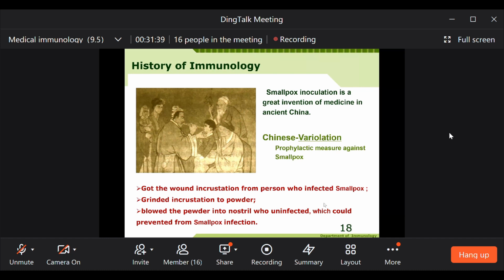Briefly, they took the scab from a person who was infected with smallpox but survived, ground the scab into powder, and brought the powder into the nose of the person. By this means, it can prevent smallpox infection.